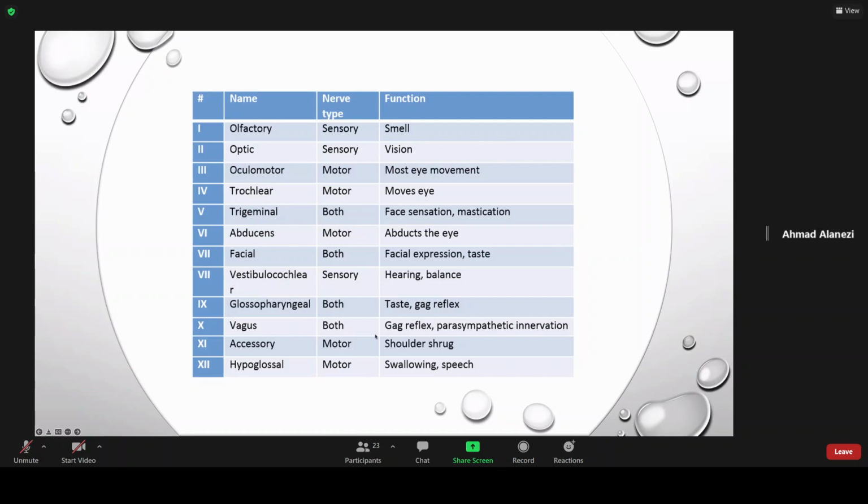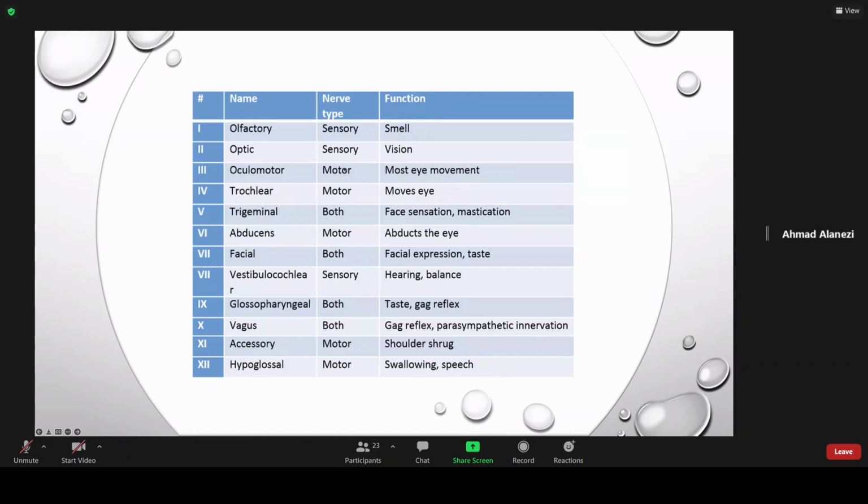Spinal accessory supplies the trapezius muscle and also the sternocleidomastoid, so it has to do with neck movement and shoulder shrugging. Hypoglossal nerve supplies the tongue, so it's important in swallowing and speech.